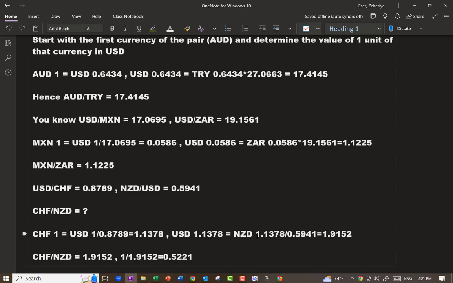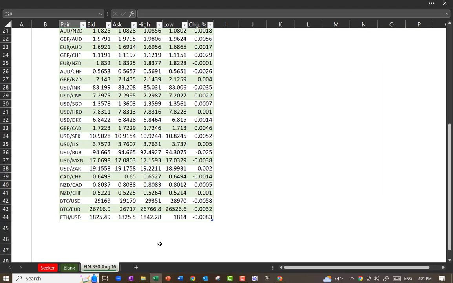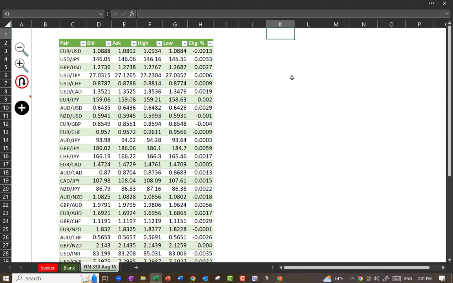First and foremost, let's go back to our sheet. I'm gonna do some stuff here. Let's talk about first currency. Second currency.